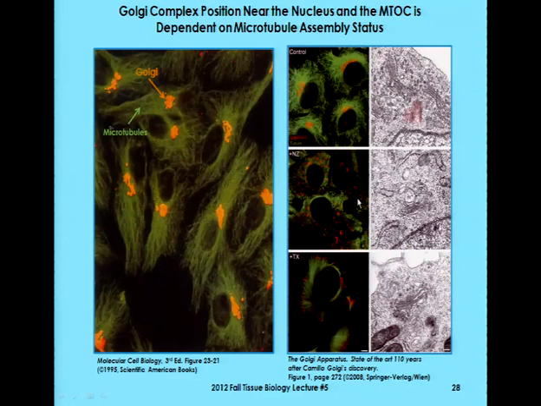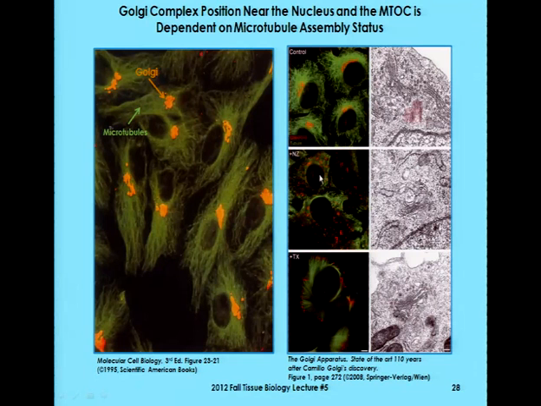When agents that depolymerize microtubules are used, such as nocodazole, the microtubules are disassembled, and the Golgi is found spread out throughout the cytoplasm. So here in the control cells with intact microtubules, the Golgi is stained near the nucleus with a ribbon-like structure.